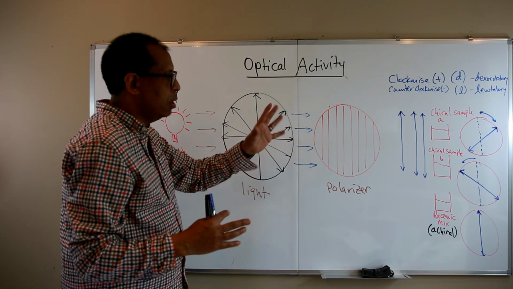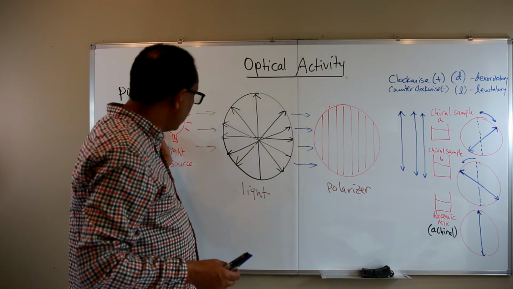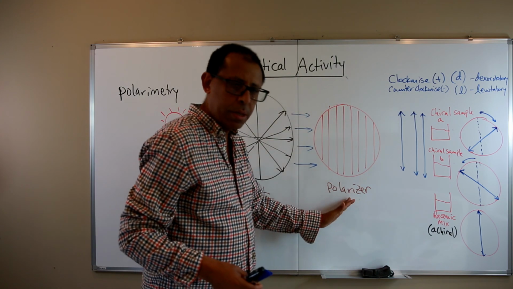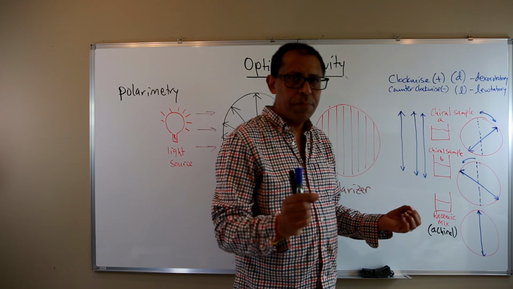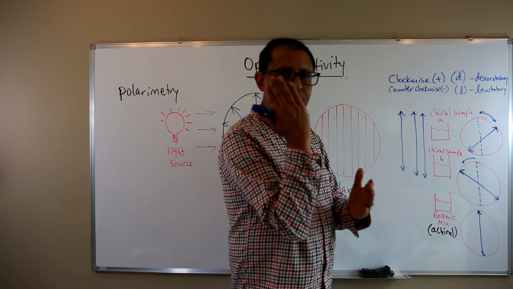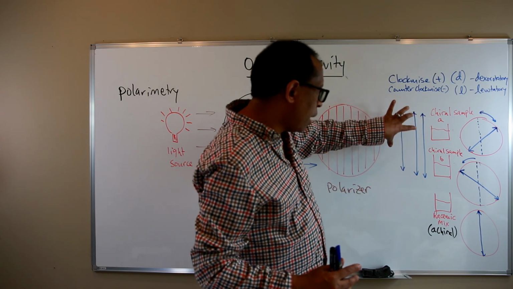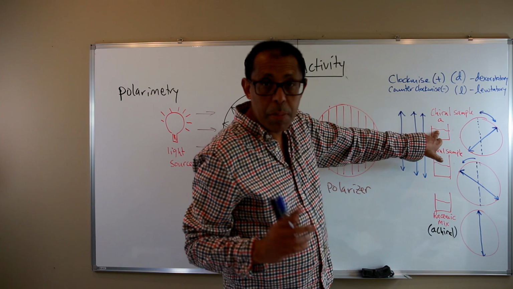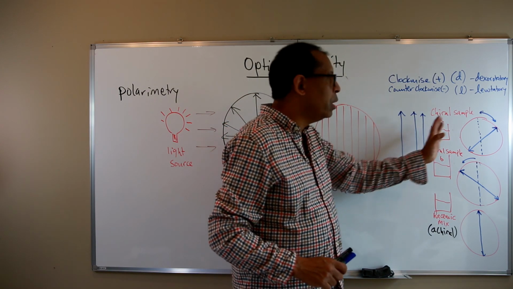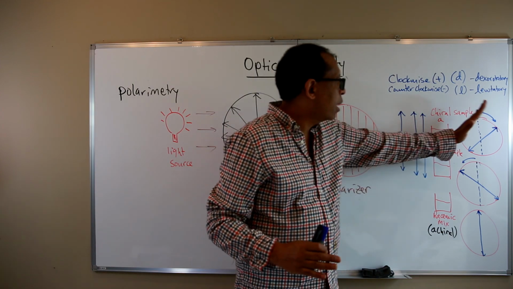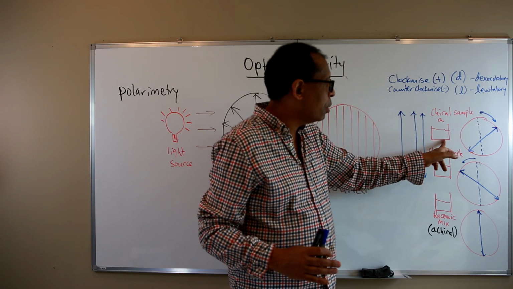The reason is just to see what interaction the sample would have. So you shine a light, and the light goes through a polarizer. The polarizer would produce a very well-defined light. That means it is a vector in one direction. When that light passes through a chiral sample, that means an optically active sample, it will deflect to certain degrees. That is the optical activity of that sample.